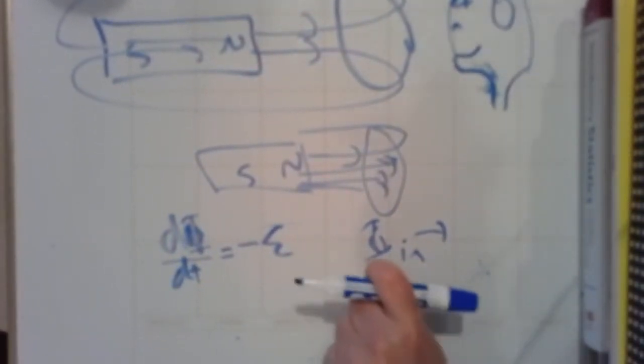The direction of the flux increase is the opposite of the induced current. Remember, Faraday's law is dΦ/dt equals negative EMF. So the direction of the induced current is the opposite of the direction of the increase in flux. So my EMF will create a current that will create a new flux that points that way.